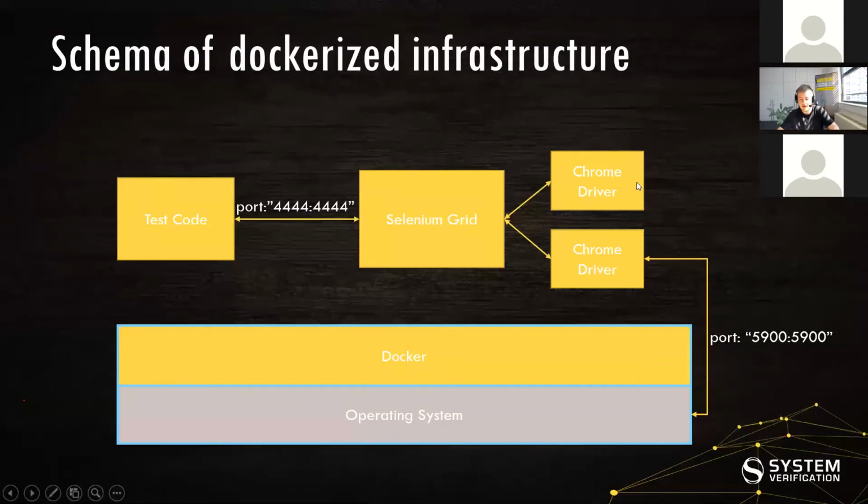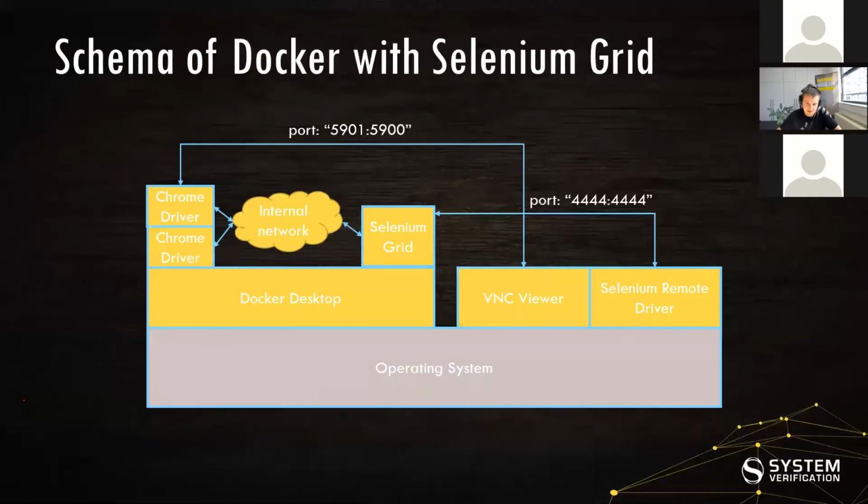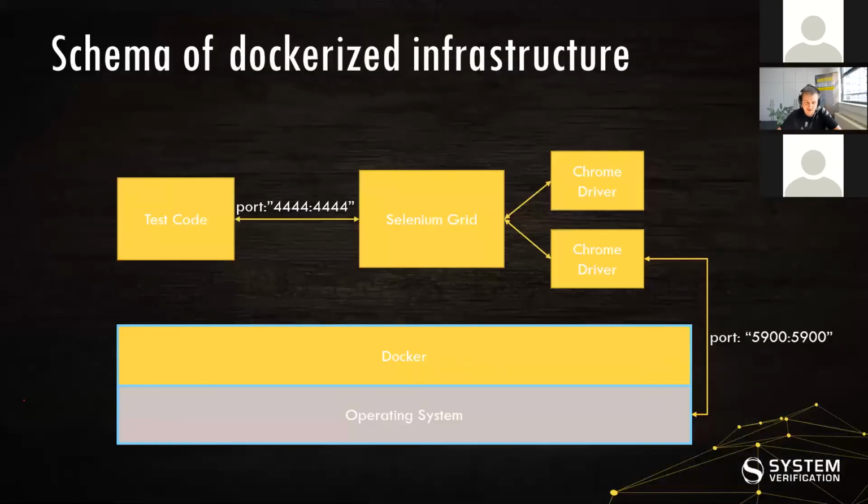In case someone didn't understand, let's see the graph, how it works. The graph is even simpler than the previous one, since everything is running in Docker now. Here we have our test code in one container that is communicating with Selenium Grid through port 444. The Selenium Grid is communicating with the other Chrome driver nodes.